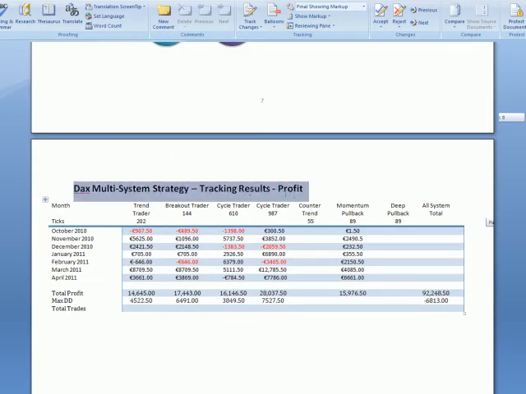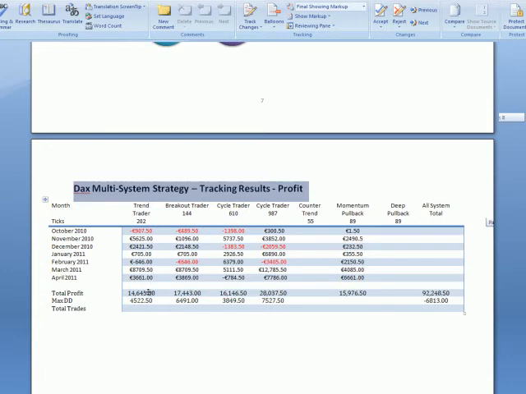Breaking down the multi-system strategy results table, this is a breakdown per month, so each of the strategies, and you can see there that I've got probably 5, and I could potentially have 7 strategies in there that are running on just that one market. That's just trading one contract.